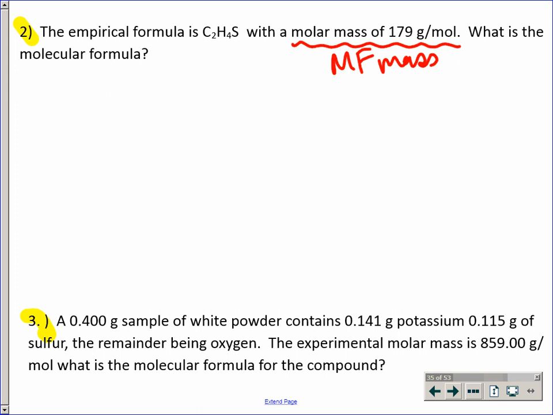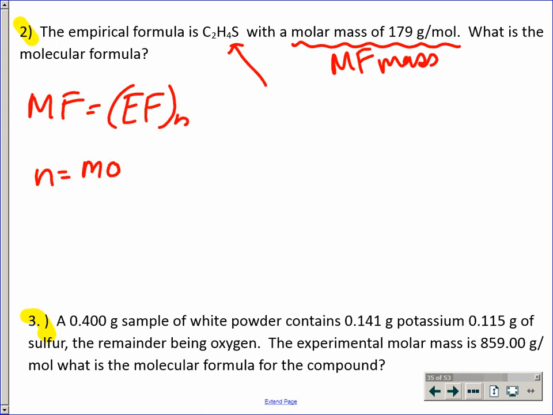Okay, what do I have to do? Divide it by what? I don't know that yet, so what should I do first? To get the molecular formula, I have to get N. I have to do EF times N. So to get N, I do the molecular mass, in this case called molar mass, divided by the EF mass.